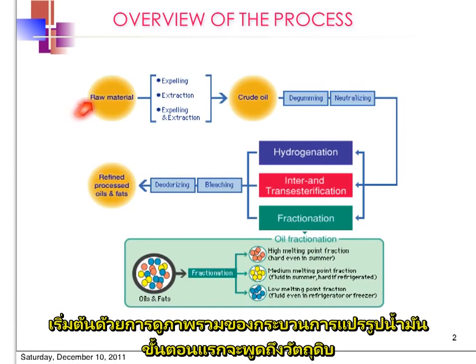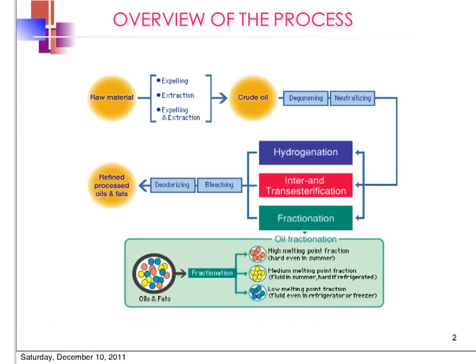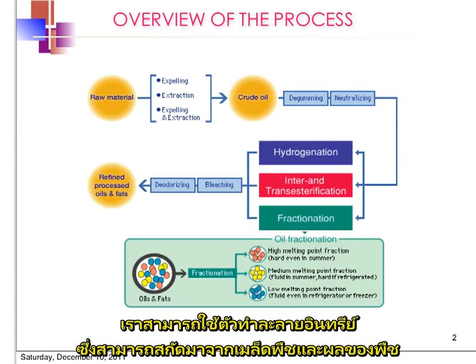So basically we start with the raw material. The raw material can be the seed, for example, from soybean seed or the cotton seed, sunflower seed, or from the oil palm fruits. Then the oil has to be squeezed out from the raw material. For this purpose, we can use two types of extraction. We can use an organic solvent.